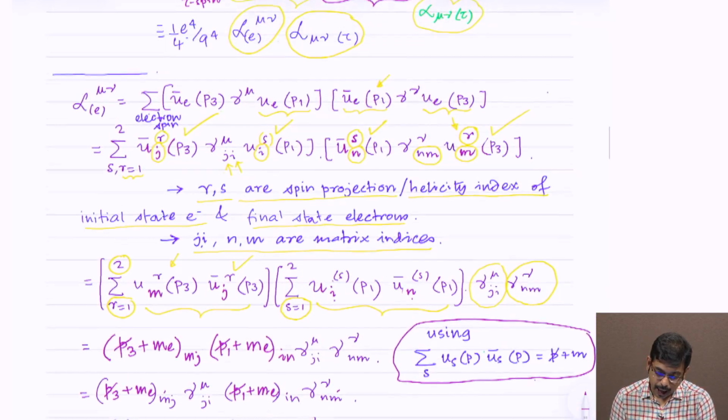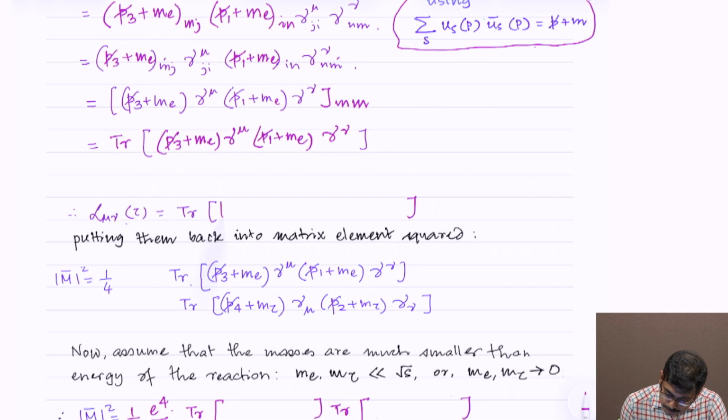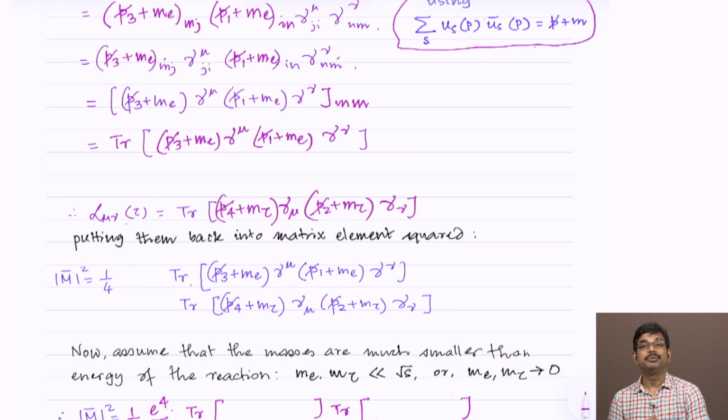So what we therefore have is P4 slash plus m tau, gamma mu, then P2 slash plus m tau, gamma nu, and the trace of it, right?